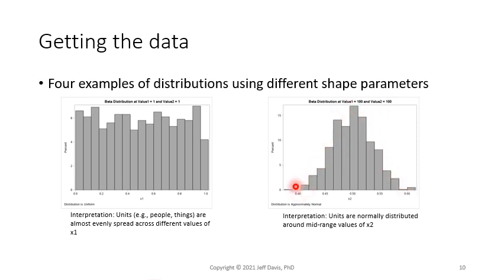So if you think your variable, in one circumstance at least, is going to have a normal distribution, then one of the ways you can create that normal distribution is to have your value 1 set at 100 and value 2 also set at 100.